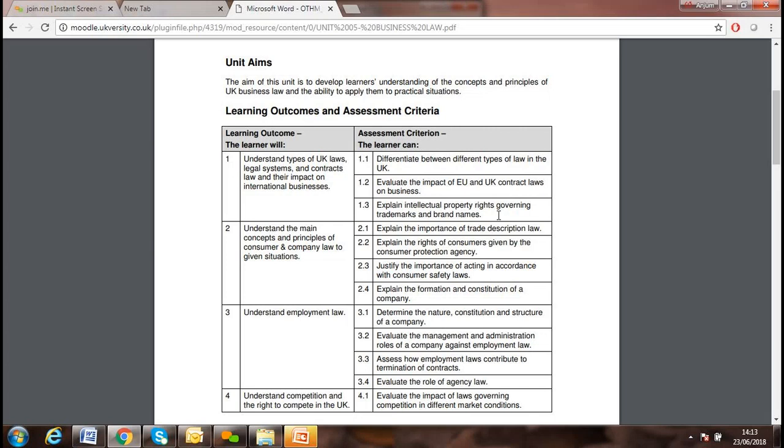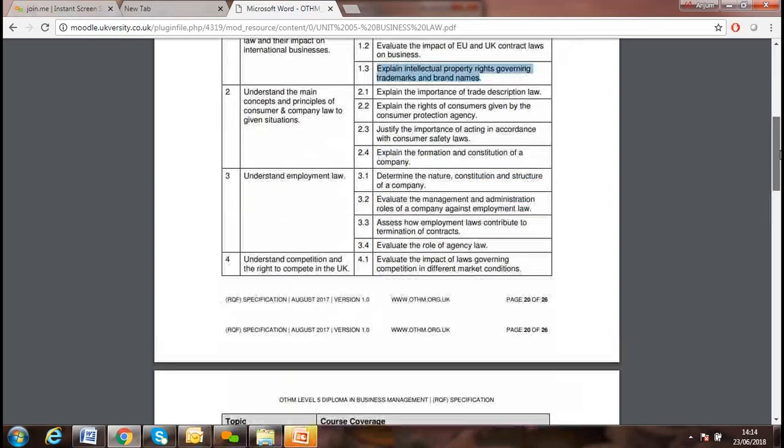The first is understanding the types of UK laws, legal system and contract law and their impact on international business. That's what we need to achieve in LO1 in today's lesson: differentiate between different types of law in the UK, evaluate the impact of EU and UK contract law on businesses, and explain intellectual property rights governing trademarks and brands, which we'll go through in detail.